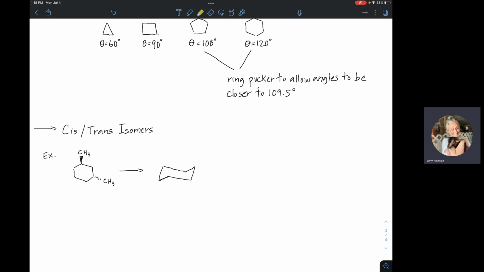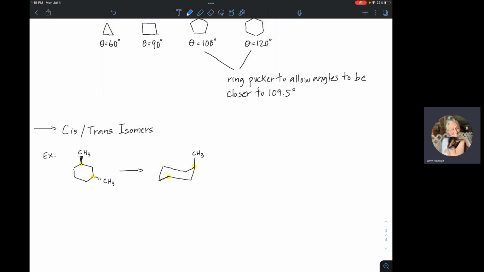All right, so I'm going to say this is carbon 1, and I'm going to let this be carbon 3. We'll just all agree to that right now. The way I've drawn this in the two-dimensional structure is I have a methyl group on carbon 1 that is pointing up, which means in this case I have a methyl group in the axial position pointing up.